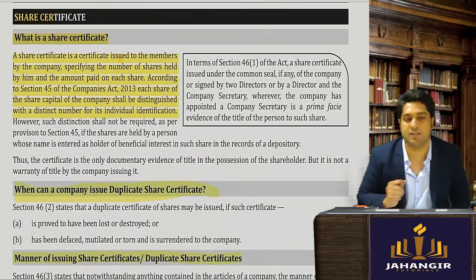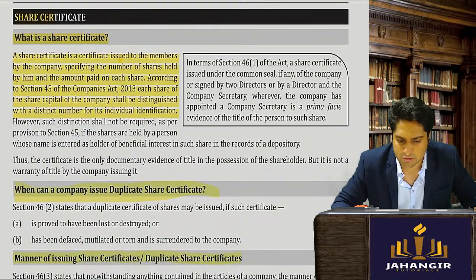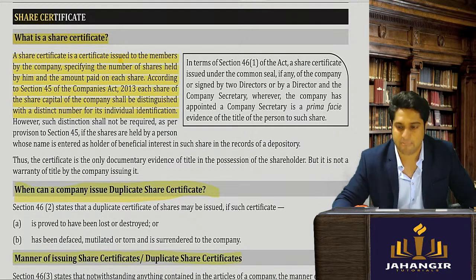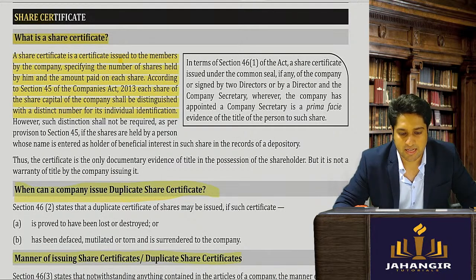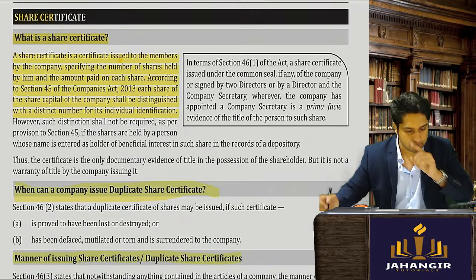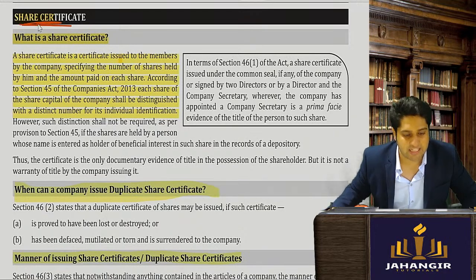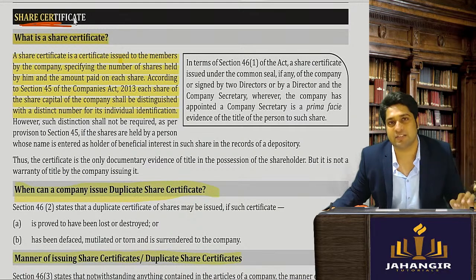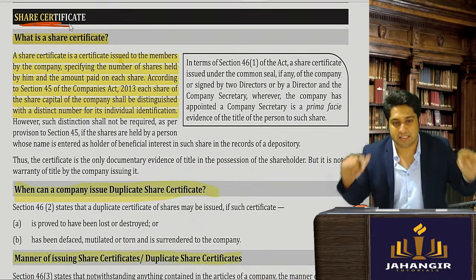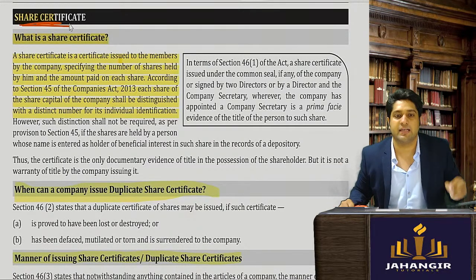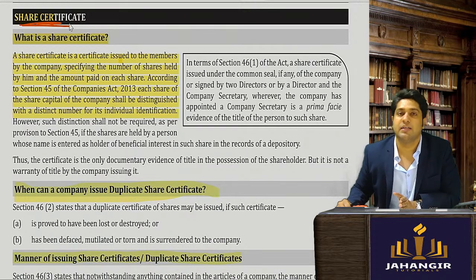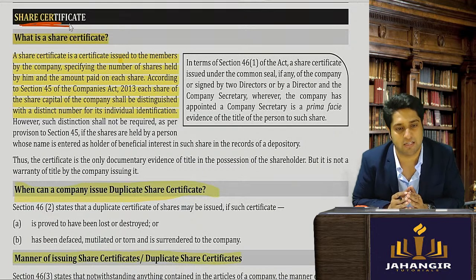Now coming to share certificate, very, very important, a few case laws can come up from here also. Okay. Now next, what do you mean by the term share certificate? A share certificate is a physical document issued by the company to the shareholder mentioning how many shares he is entitled to.